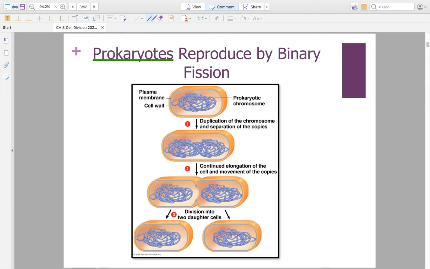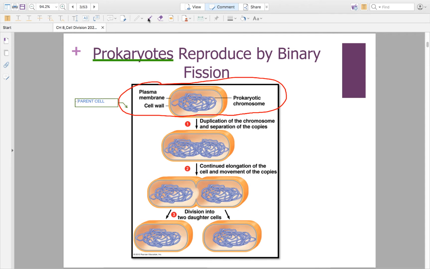So this is the parent cell. I'll go ahead and label that real quick. This is a parent cell, meaning it's the original cell that is about to be replicated, reproduced, and or divided, same thing.